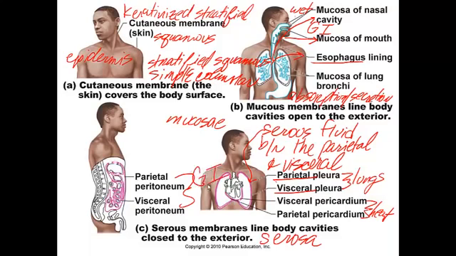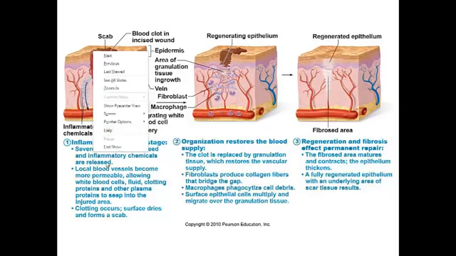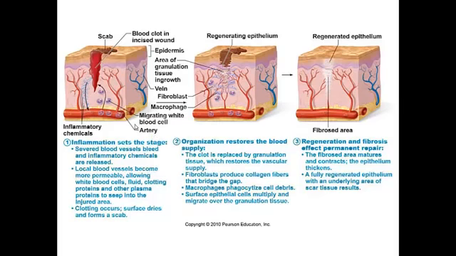The last slide of this mini lecture is on the three stages of tissue repair, and you just need to know the general stages and events that happen in this situation. The first event is that inflammation will occur when there is damage. So the inflammation stage occurs when there is some bleeding that occurs.